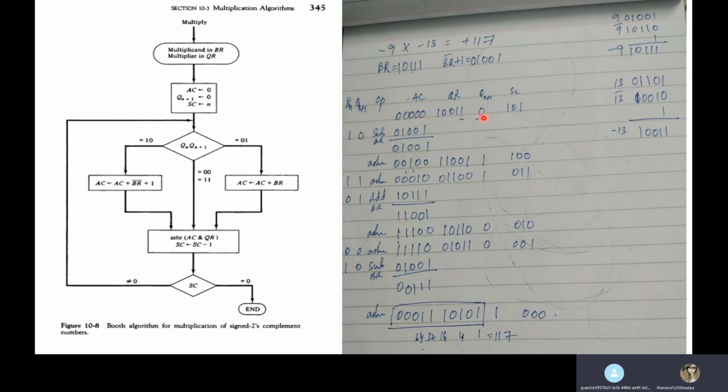Qn plus 1 is the bit which we obtain as a consequence of the shift right operation of AC and QR. When a shift right of AC and QR is done, the serial output goes into Qn plus 1.